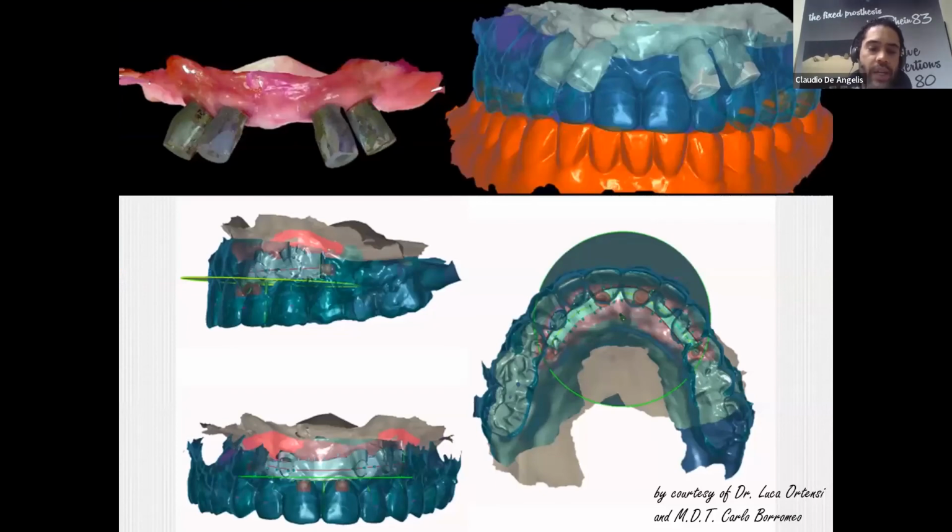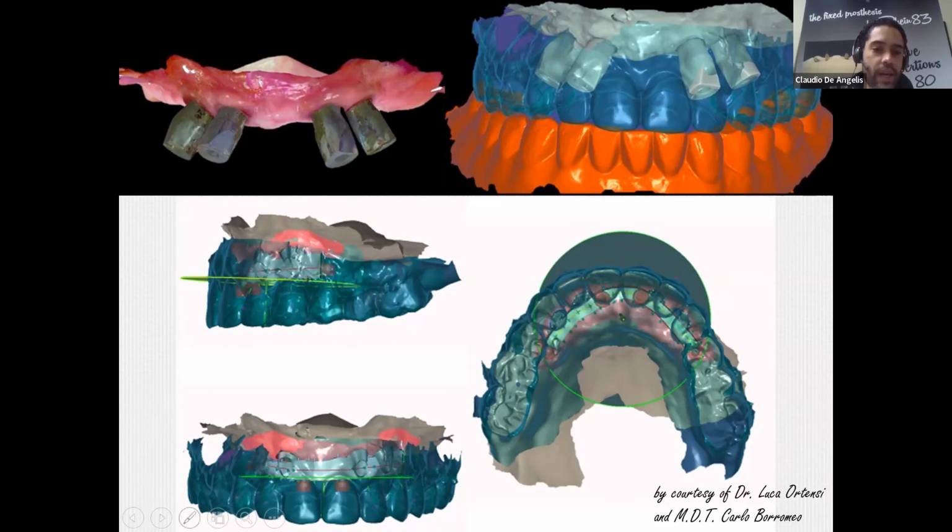And here you can see, after the intraoral scan and after the scan of the teeth setup and the lower jaw, how the dental technician, which in this case is Carlo Borromeo, and the doctor is Luca Ortensi, pays attention to produce the bar and consequently place the attachment according to the occlusal plane.